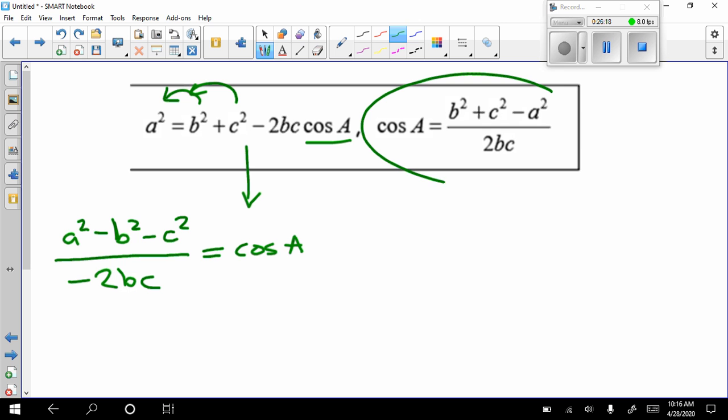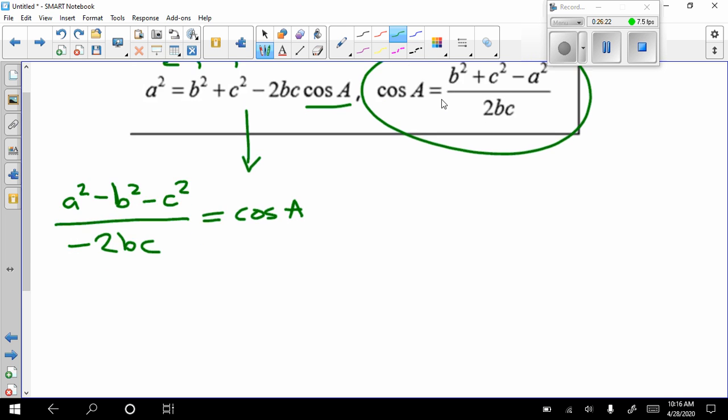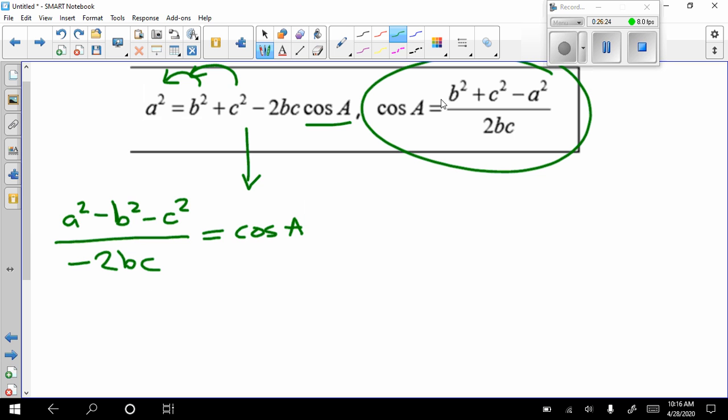But just remember that as long as I do the same thing to the top and the bottom of a fraction, it doesn't change. So watch this. If I multiplied the top and the bottom by -1, I'll just do this right here.